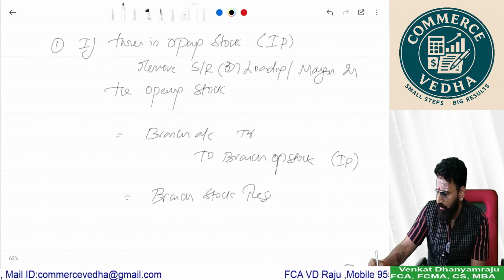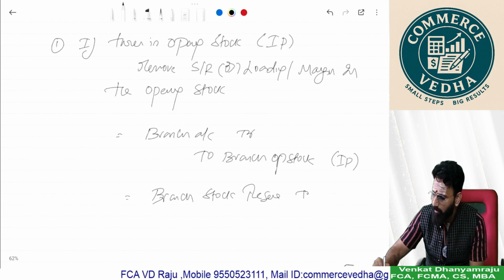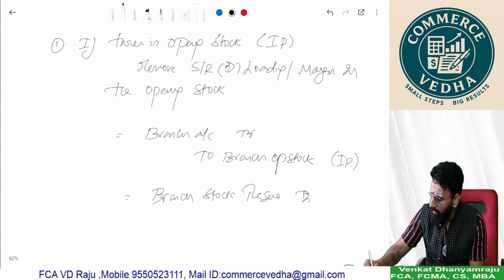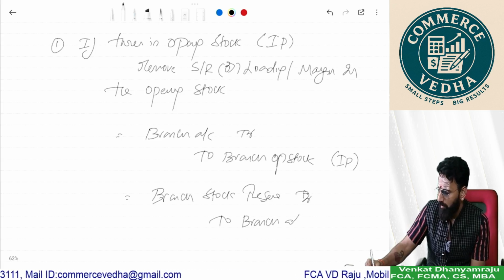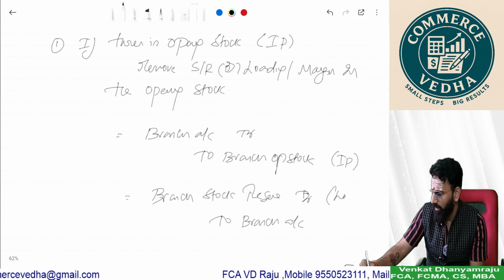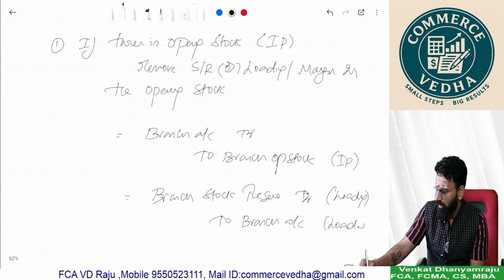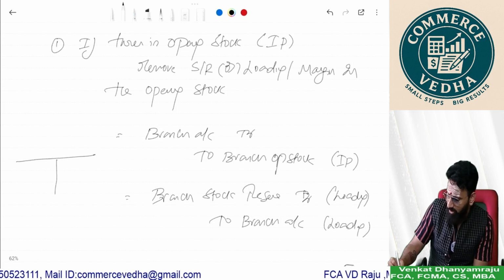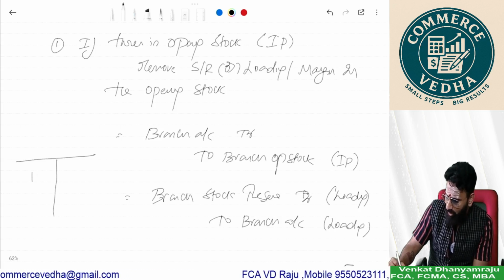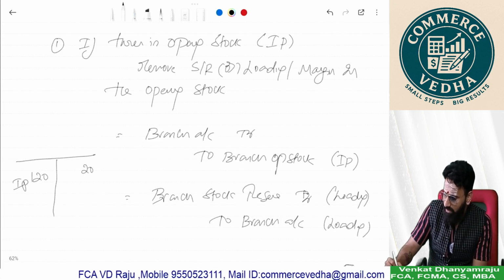branch stock reserve debit to branch account. This is for loading. So stock is recorded. Suppose this is the branch account, your stock is recorded at 120 invoice price and your loading is reversed at 20.